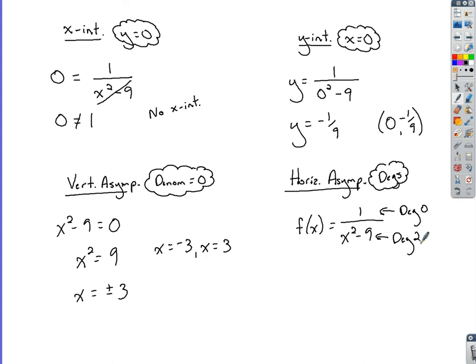Whenever the degree is less on top, what is the horizontal asymptote? Remember? Y equals 0. There you go. Whenever it's less on top, y equals 0 is the horizontal asymptote. Whenever the degrees are the same, that's where you divide the coefficients. And then that gives you your asymptote value.